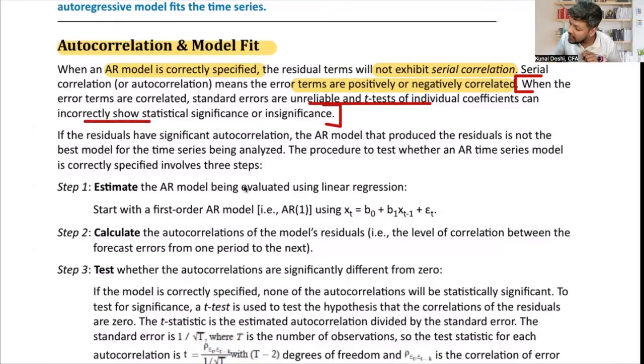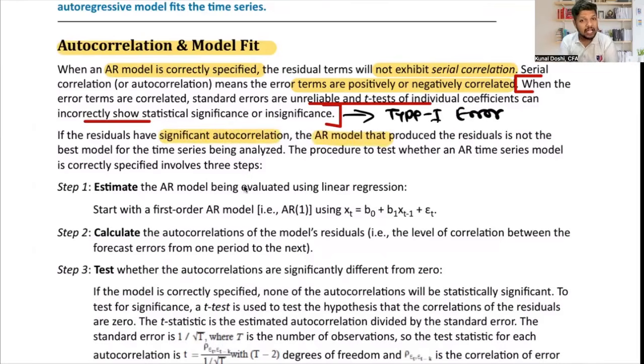This will result in which error? If you recollect, guys, it will result in type 1 error, meaning by mistake it will tell me that the coefficients are significant. Type 1 error is rejecting a true null. So if the residuals have significant autocorrelation, the AR model is not reliable.